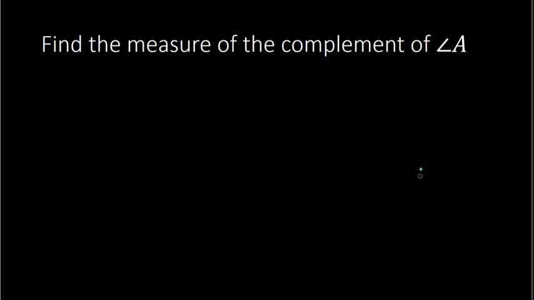Now if you're given the measure of an angle, let's say angle A, and that measure of the angle is 43 degrees. So the M, by the way, means measure. So the measure of the angle is 43. If you were given this information and you were told to find the complement, or the measure of the complement, we know that complementary angles would add to be 90.